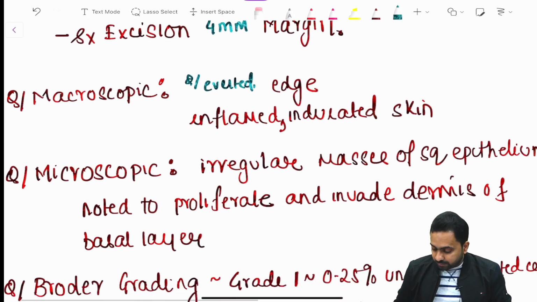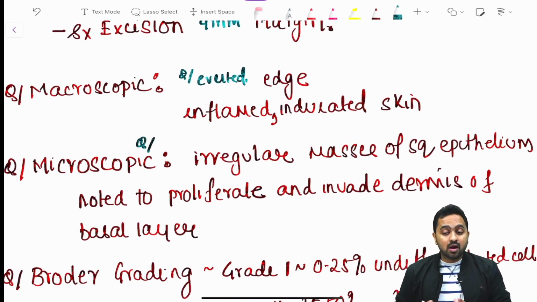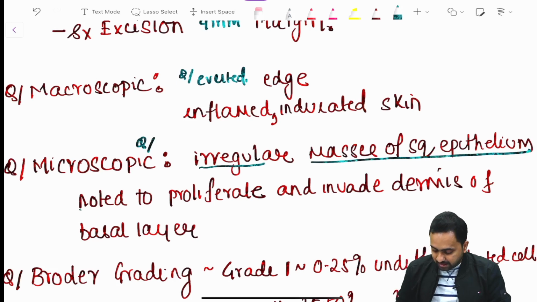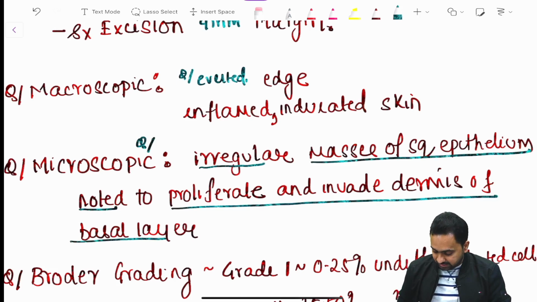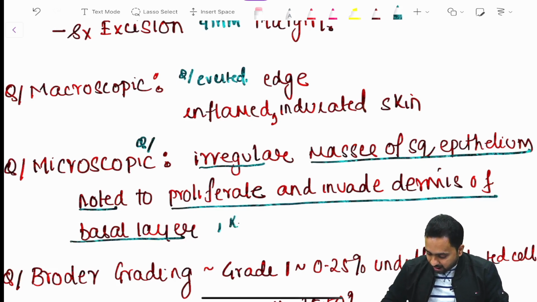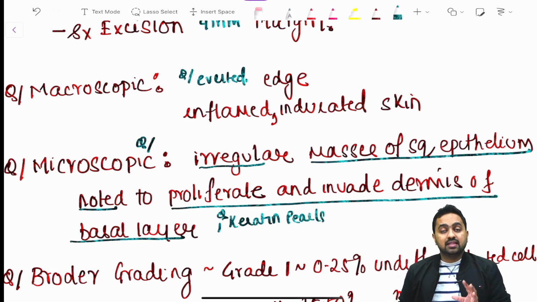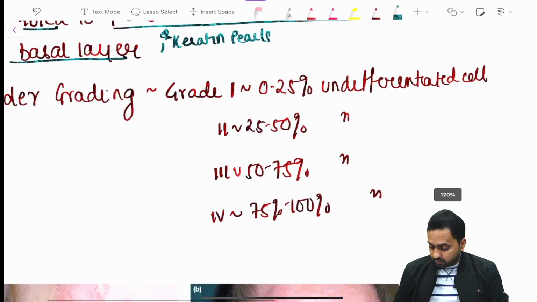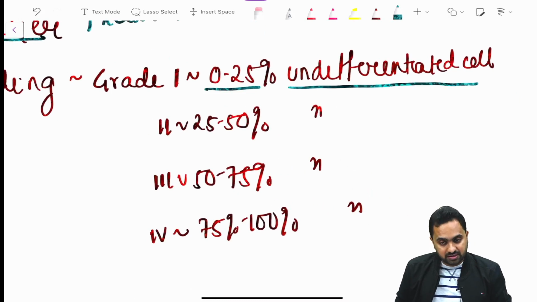The microscopic features associated with squamous cell carcinoma include irregular masses of squamous epithelium noted to proliferate and invade the dermis from the basal layer. They also have your keratin pearls, right. Then we have a broader grading for your squamous cell carcinoma. So, grade 1 is when there are 0 to 25% undifferentiated cells.